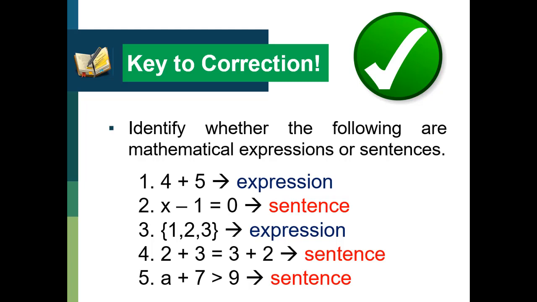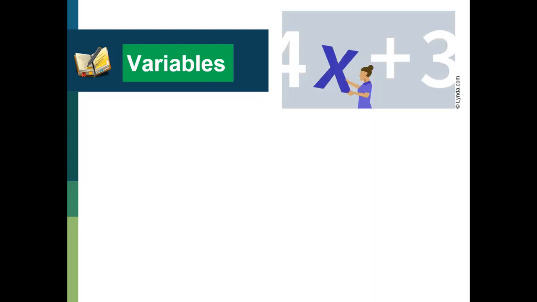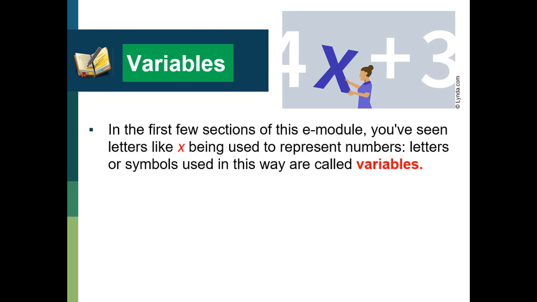Alright? I guess you have now mastered the lesson in identifying expressions and sentences. Let's continue. Variables. So as you can see in the picture, we use the variable x. In the first few sections of this e-module, you've seen letters like x being used to represent numbers.